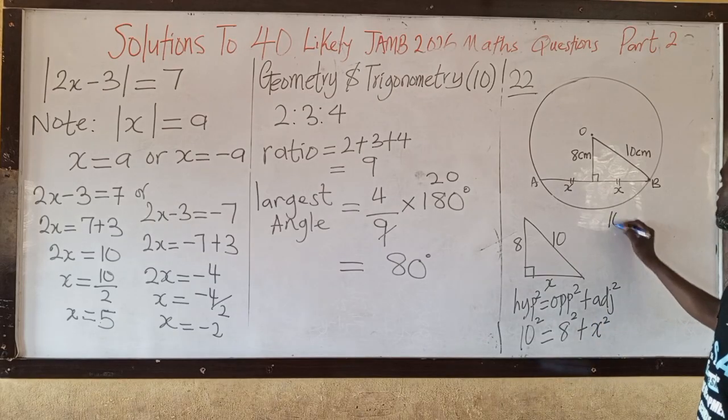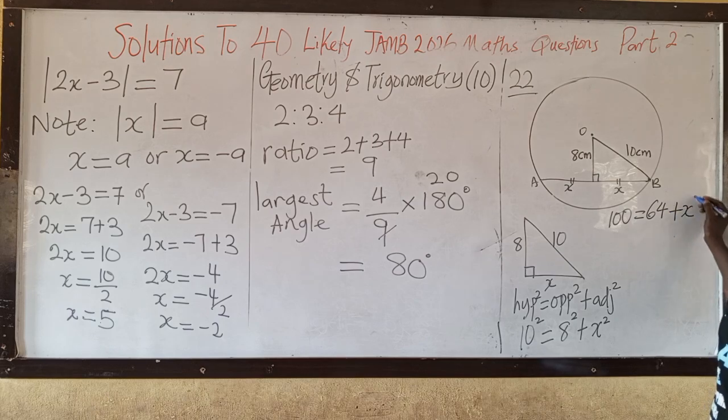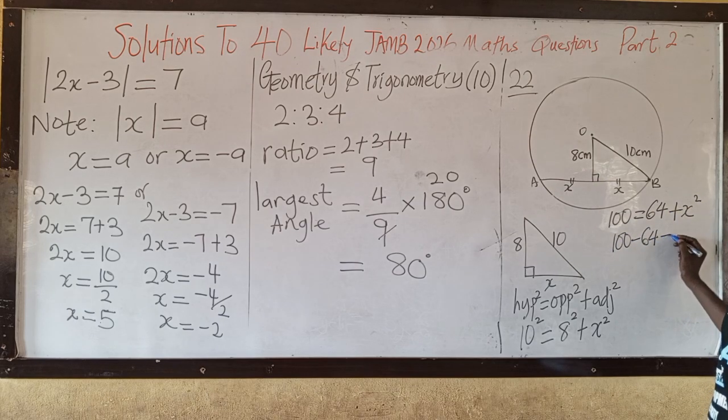This will be 100 equals 64 plus x squared. So 100 minus 64 equals x squared, which is 36 equals x squared.